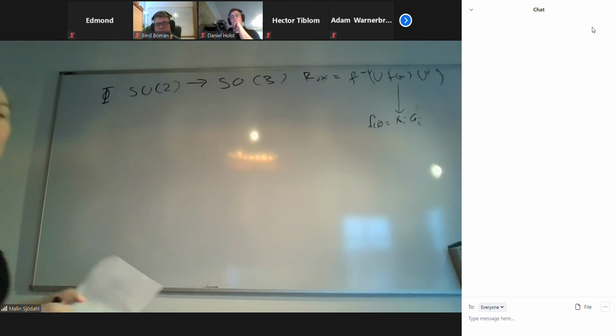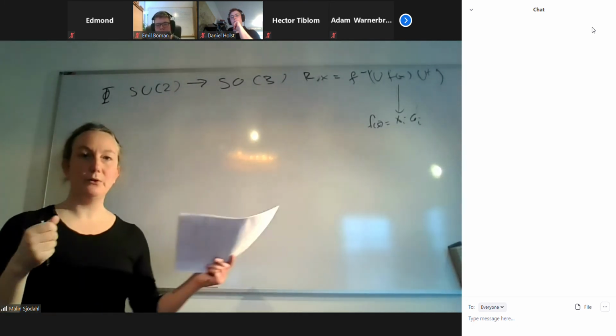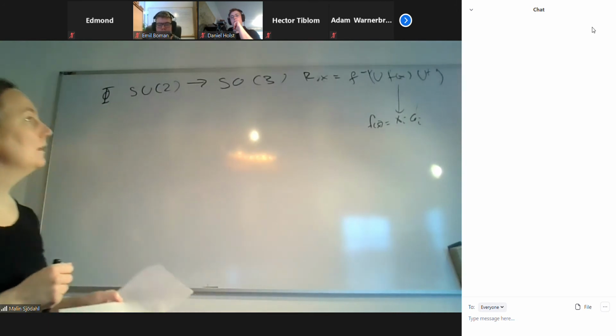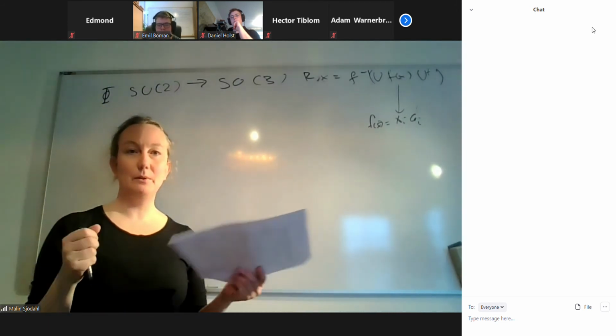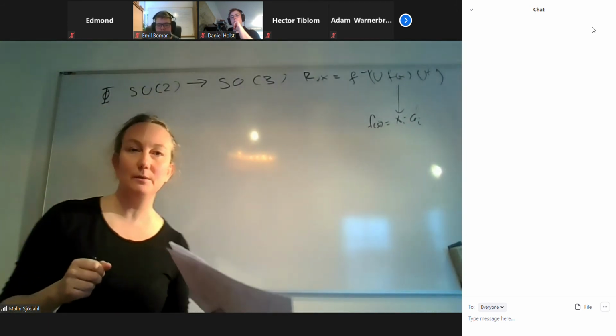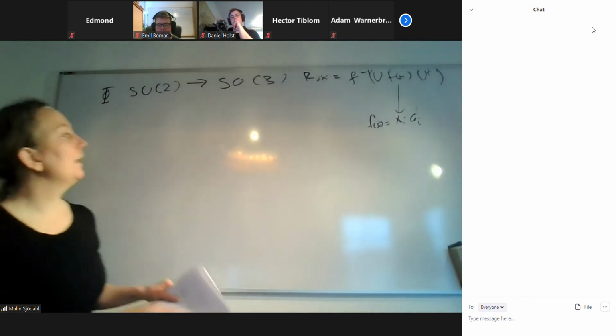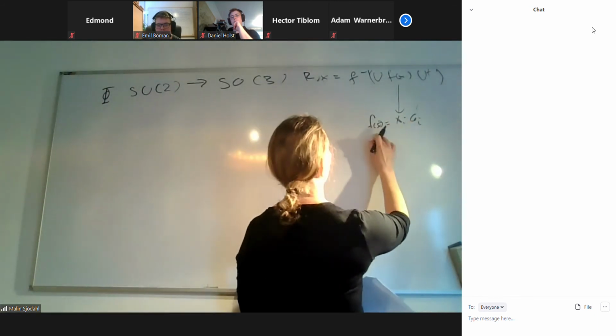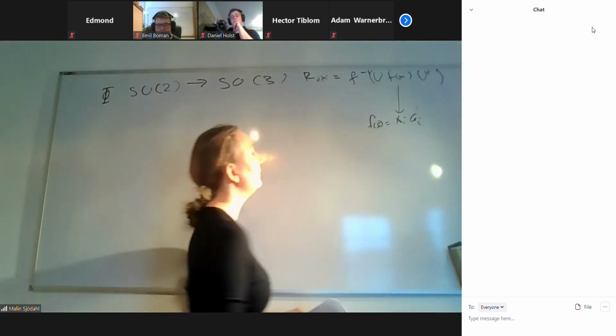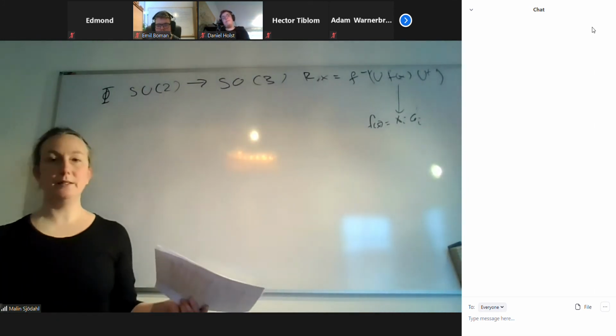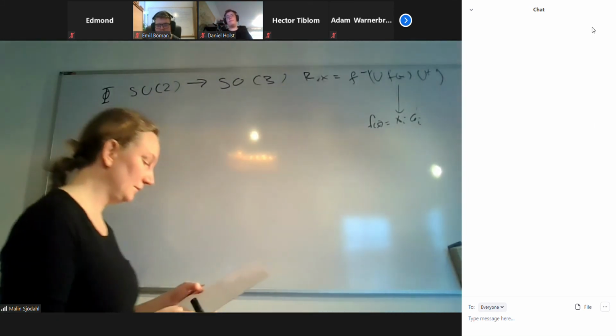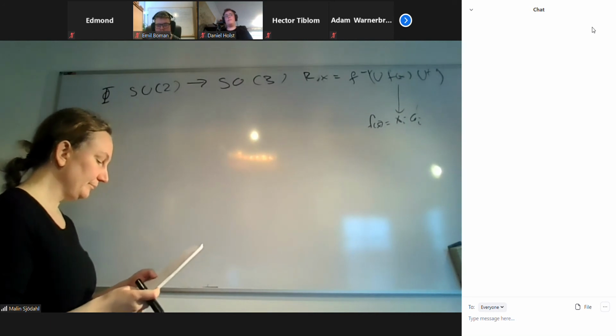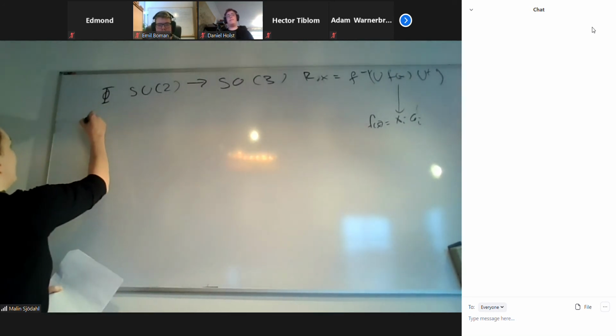So we have spoken about this as homomorphism between groups. And we have said that the map between groups is not invertible. But the F is invertible, the one map between R3 and H2. So we will use that.